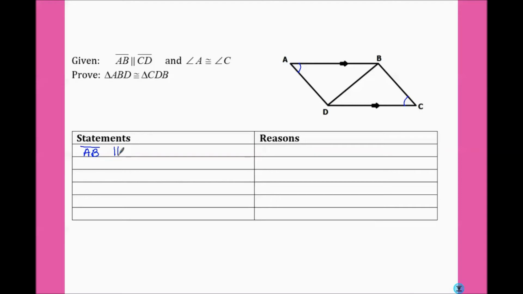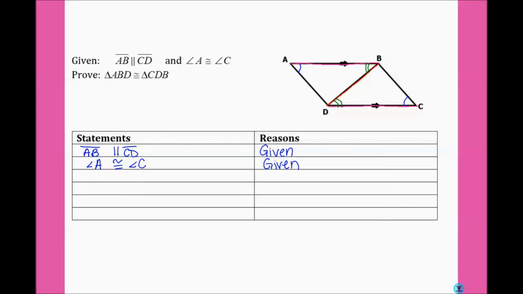Since we were given this information, we're going to write that down in our statements. AB is parallel to CD. The reason we know that is it was given. And angle A is congruent to angle C, which was also given. Now, since AB is parallel to CD, and they have this transversal that touches both of them, we know that the alternate interior angles of B and D are congruent.